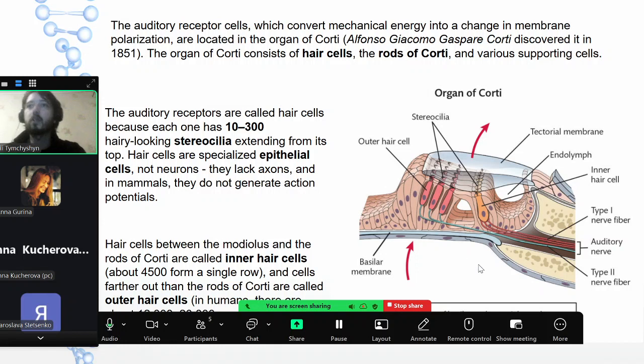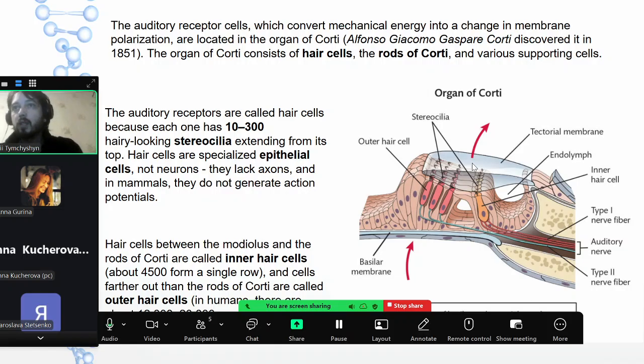Here it is enlarged, and it contains cells that are able to transform mechanical oscillations into some sort of signal. The auditory receptor cells, which convert this mechanical energy in the change in membrane polarization, are located in this organ, and the organ of Corti consists of hair cells, rods of Corti, and various supporting cells.